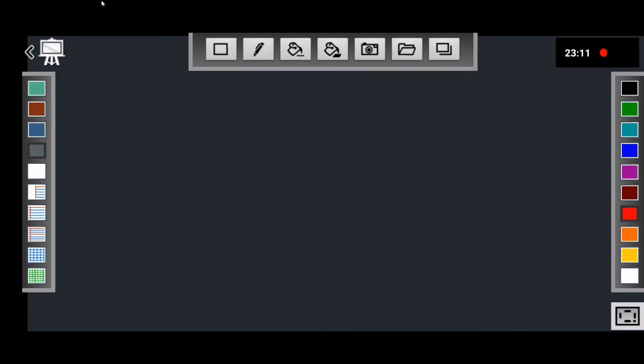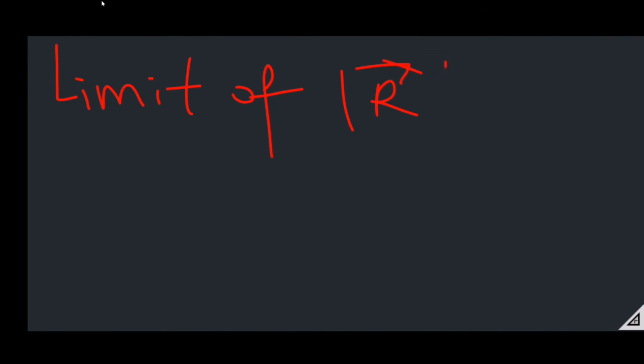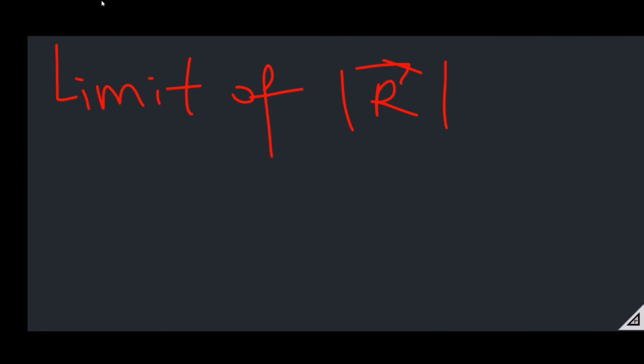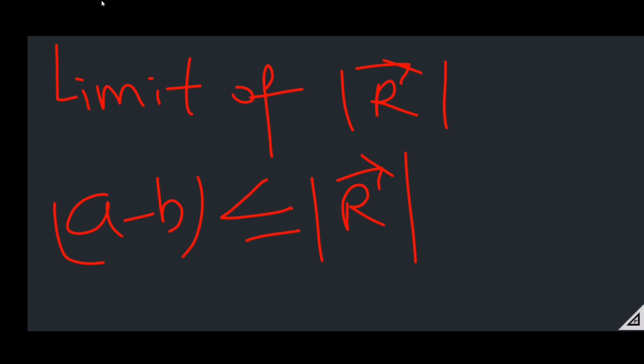So I want to explain to you the limit of the magnitude of R vector. The lowest value is a minus b, or it is b minus a as well. Yes, it is the same, a minus b or b minus a. So the limit is: a minus b is less than or equal to the modulus of R vector, and it is less than or equal to a plus b.